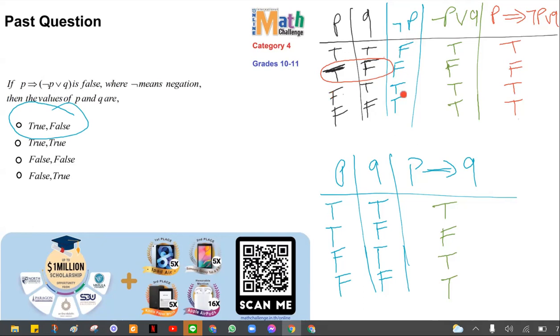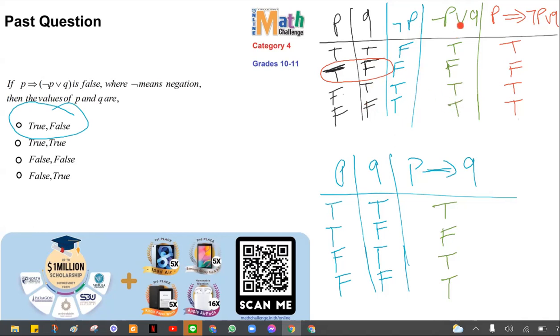So this is the true-false table for the negation of P. Then for negation P or Q: for an OR statement, if one of them is true, the OR will be true. If both of them are false, the OR statement will give false. If both are true or one of them is true, it will be true.